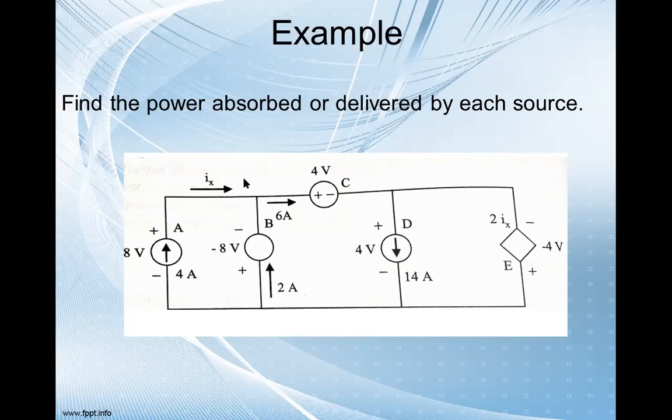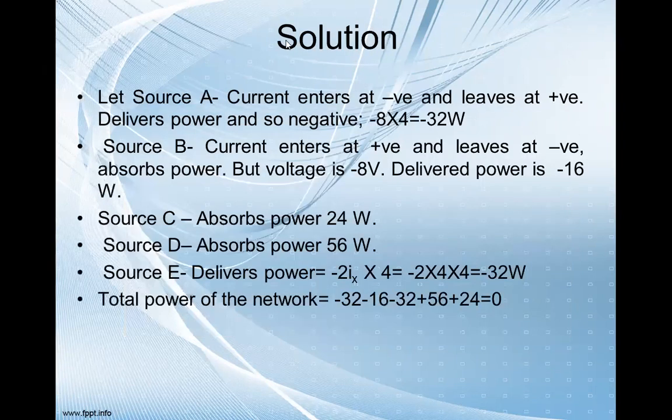Correct. So now you have to apply Tellegen's theorem. So power delivered plus power absorbed, this summation should be equal to 0. But there is some convention of the power. So normally, if the current enters at the negative terminal and leaves through the positive terminal, and it delivers the power, it should be negative.